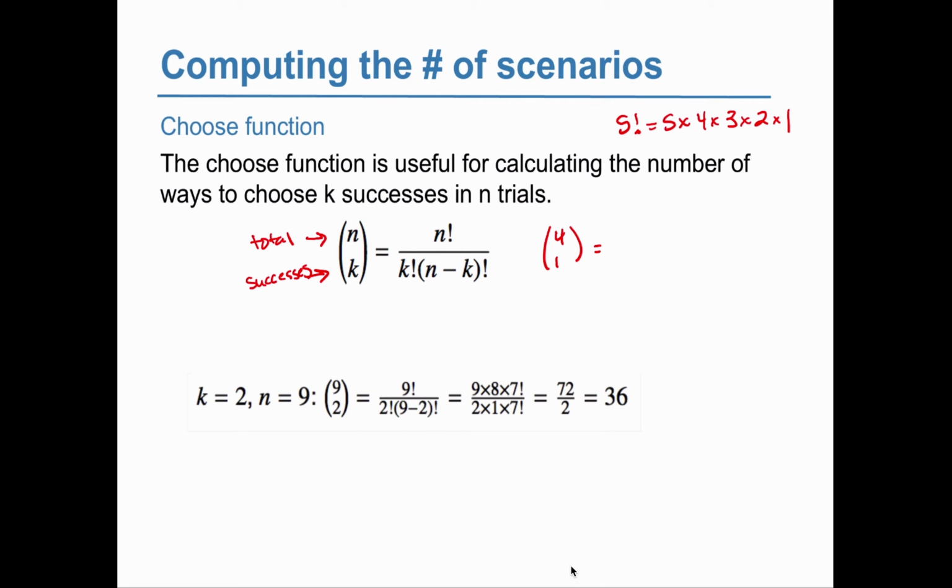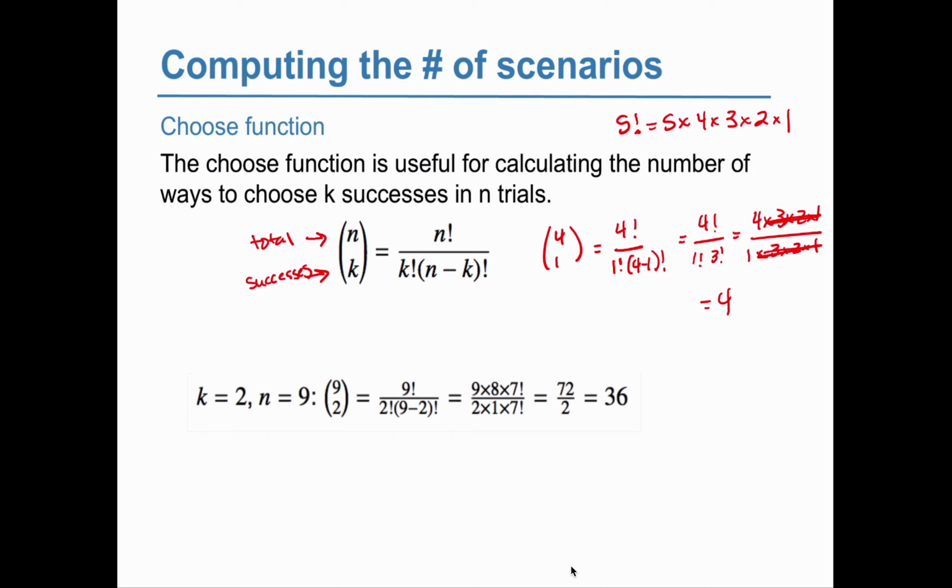For 4 choose 1, that's going to be 4 factorial over 1 factorial times 4 minus 1 factorial, which is 4 factorial over 1 factorial times 3 factorial: 4 times 3 times 2 times 1 over 1 times 3 times 2 times 1. The wonderful thing about the choose function is that because everything's multiplied, you can cancel big chunks of your numerator and your denominator. So in this case, the answer would just be 4.